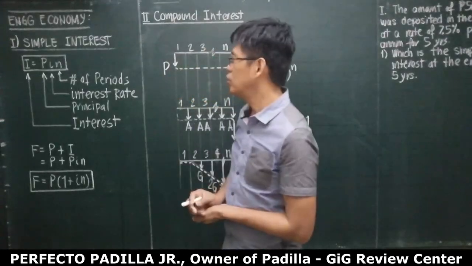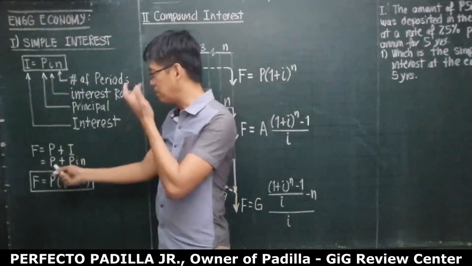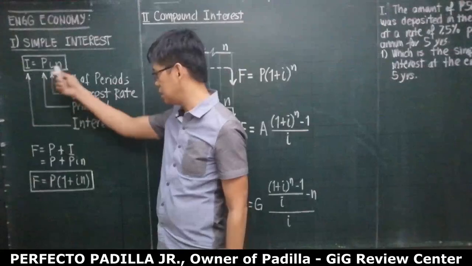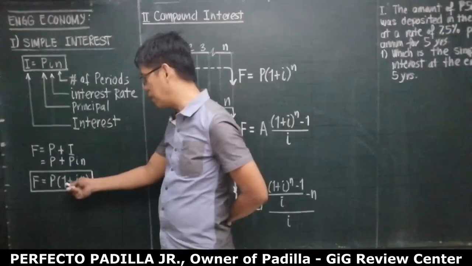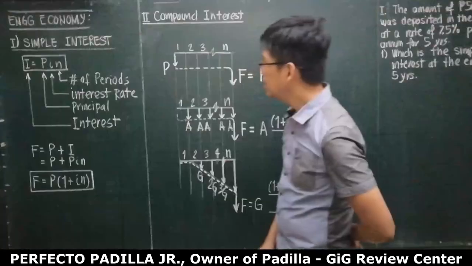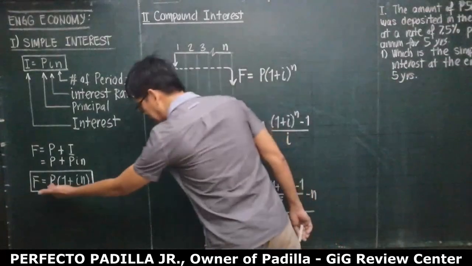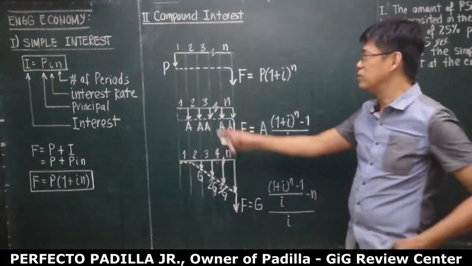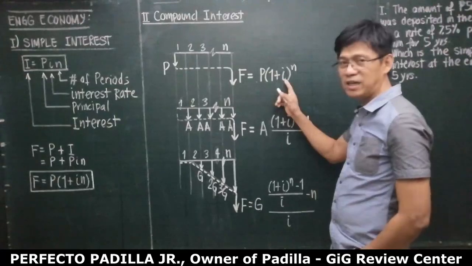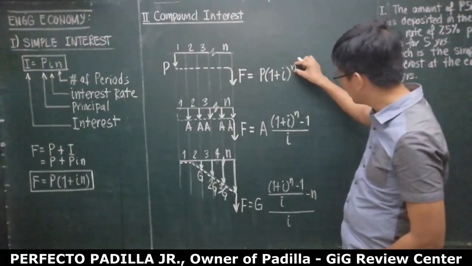Okay? So, yung future amount is the principal plus the interest, but the interest is ipin. So, if we factor out P, this would be P times (1 plus i times n). Okay? Now, pag masdan nyo yung form, P times (1 plus in), dito sa compound, naging (1 plus i) raised to n. Yung n dito, naging exponent lang.